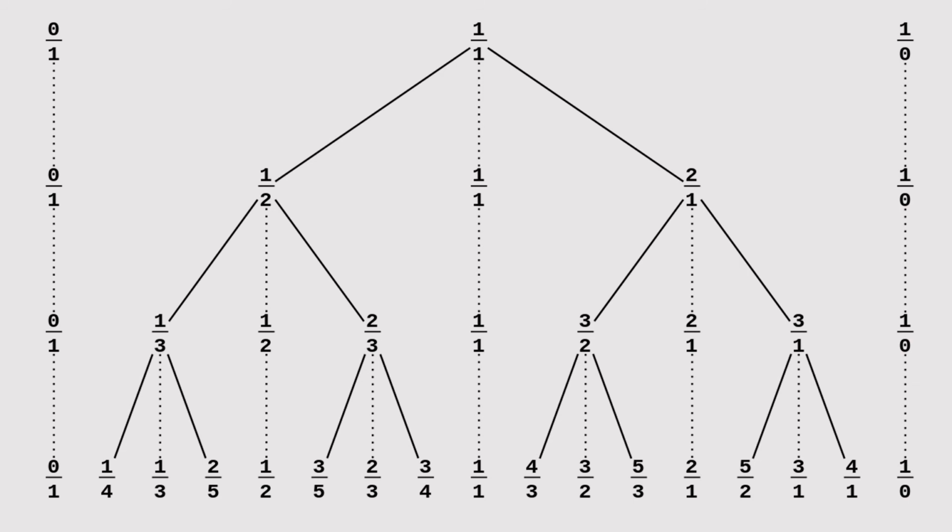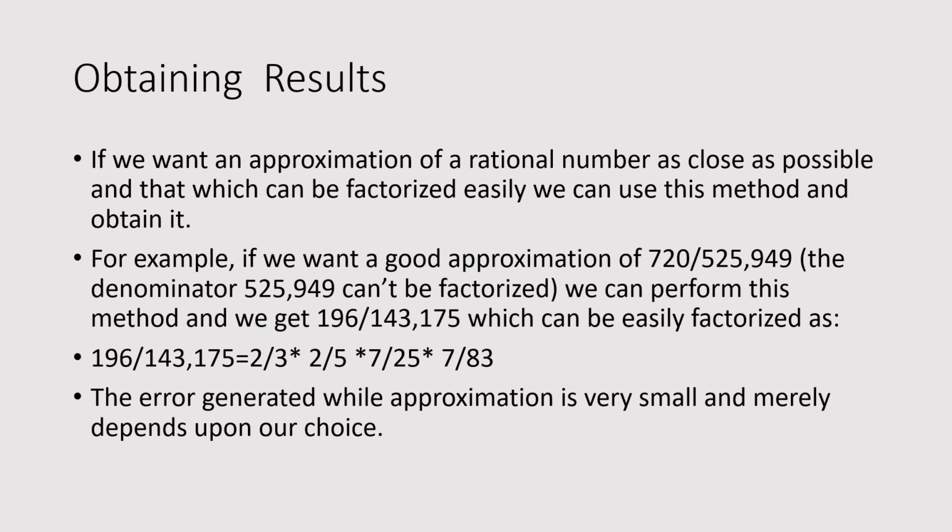So after a long traversal, we observe that the error induced is very small. So we notice that we are approaching the number closer and closer as we move down. Obtaining results: if we want an approximation of a rational number as close as possible and which can be factorized easily, we can use this method and obtain it.